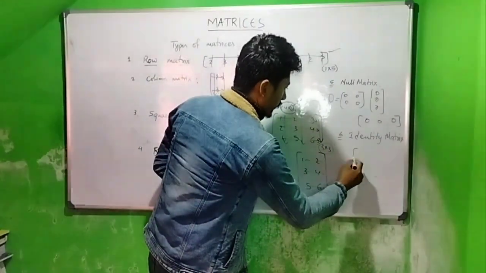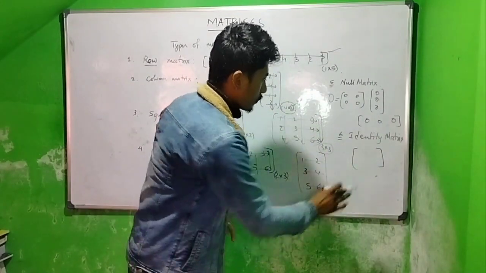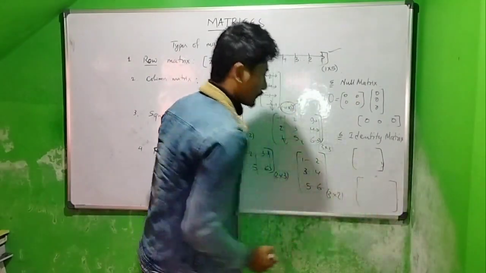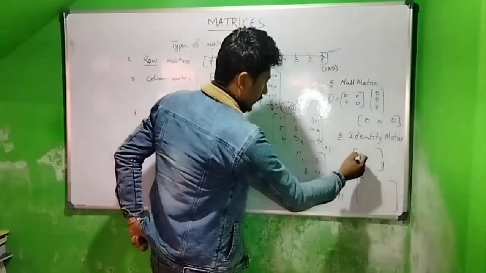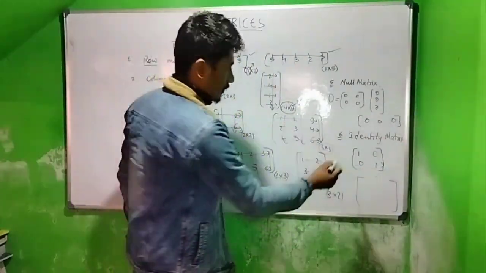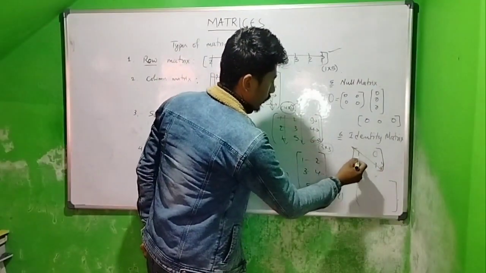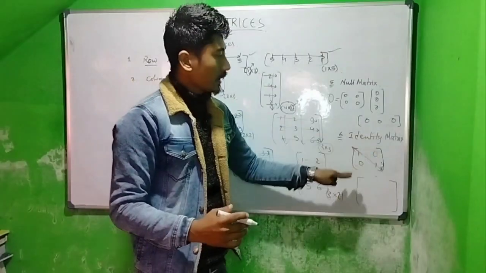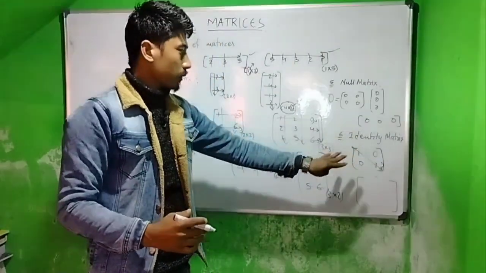For example, if I take an identity matrix of order 2 by 2 and of order 3 by 3, and I write 1 0 0 1, that means the elements which fall on the leading diagonal are all 1 and the remaining elements are 0.